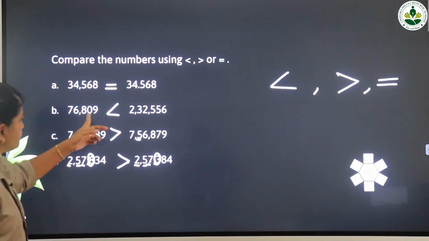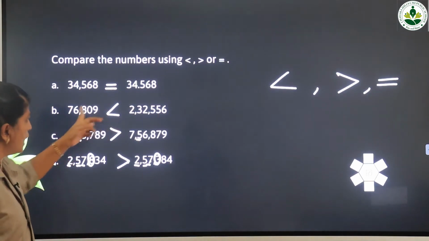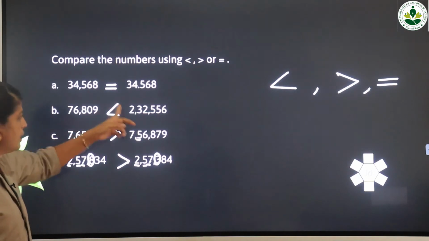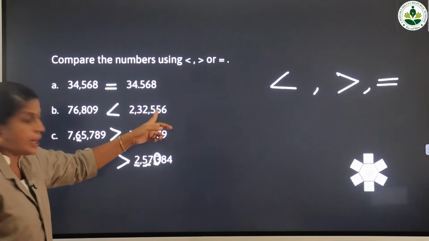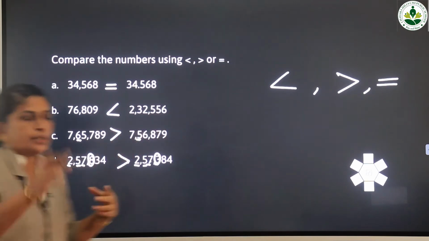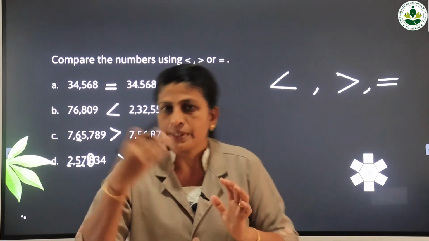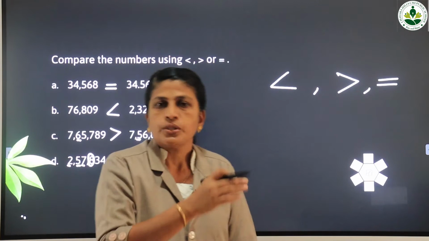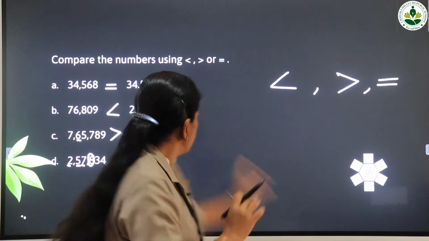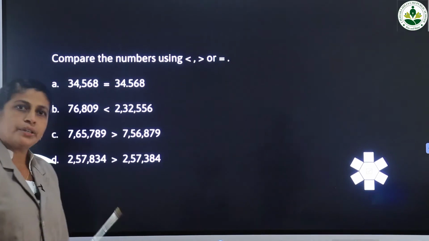Look here, this is the smaller number, therefore the closed end is near the smaller number and the open end is near the bigger number. You should remember that: closed side and open side. Open side near the bigger number, and the closed end near the smaller number.